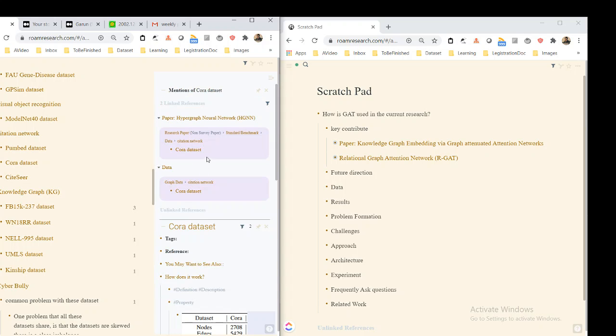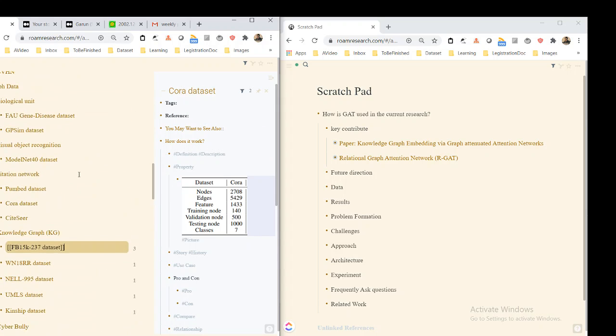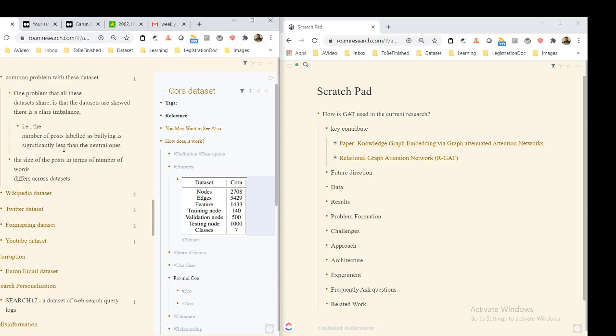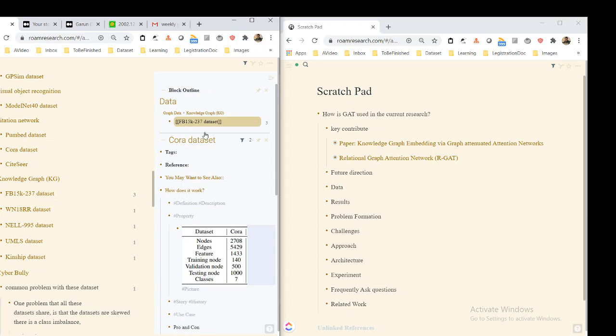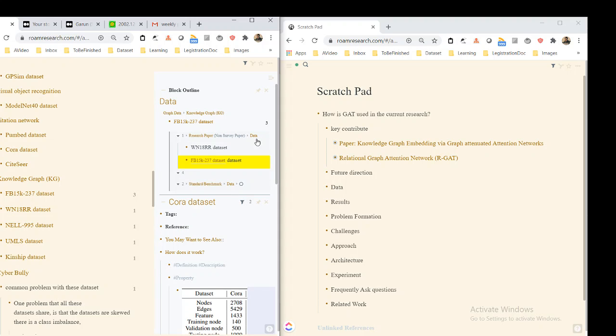Is there a paper using this? Okay, here. So there are 3 papers using this. I would then go into this here and look into this, and I say, okay, what are the research papers here?